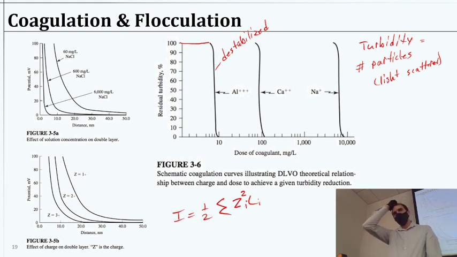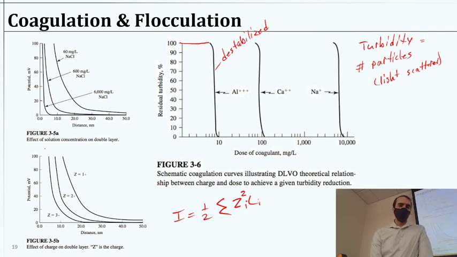We'll work through some of those later, but you should be familiar with that from some chemistry class, I would guess. It's pretty simple to calculate the ionic strength. Okay, we'll make sure you have some practice with that. But all that to say, the ionic strength makes a big difference.